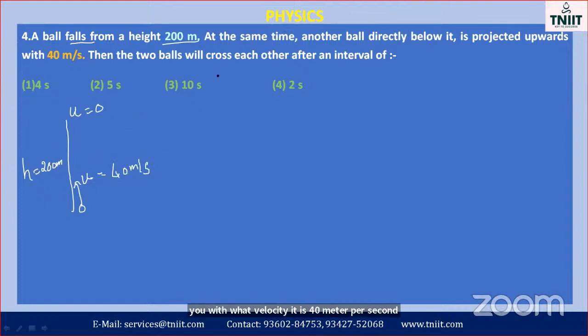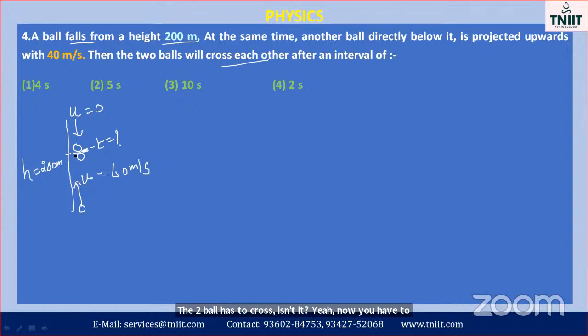Now the two balls will cross each other. After what interval of time will the two balls cross each other? The first ball is coming downward, the second ball is moving upward. So definitely after a certain interval of time, the two balls have to cross, isn't it? Now you have to talk about the relative velocity here, students.